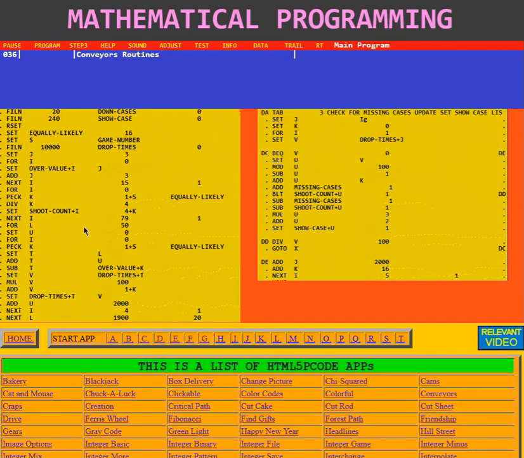Okay. Then it says, all right, I added my U to my T, that's that offset. Then I subtract from it the over value. In other words, I have to drop this onto the conveyor ahead of time, 48 clock cycles, if I drop it from the 16th chute, the one on the far right.